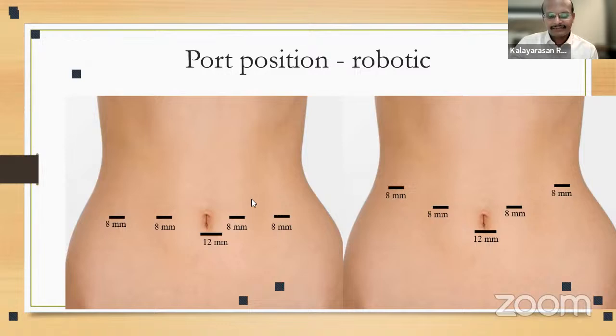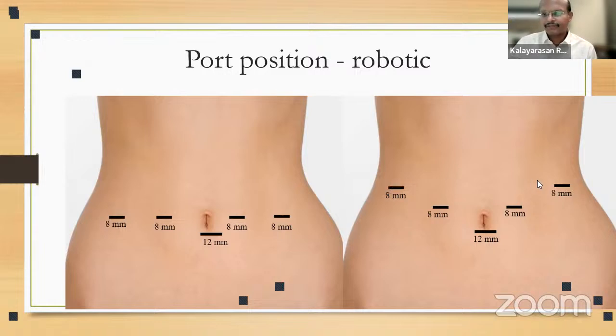But in case you want to use the robotic harmonic, then the trocar position has to be modified. These two lateral trocars have to be above, because we all know the robotic harmonic is the only instrument which is non-articulating. And so we need to have our trocar position in line with the angle in which the harmonic has to be used.